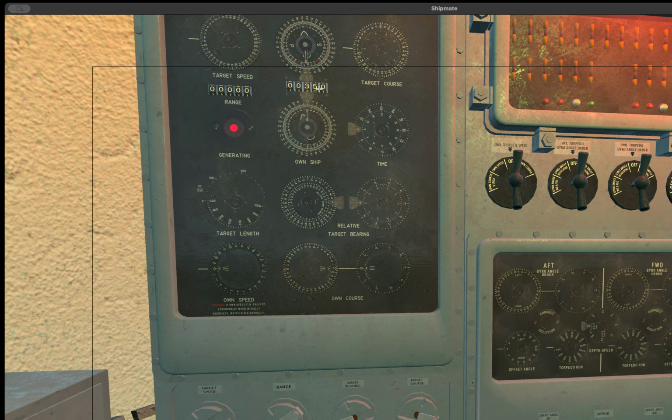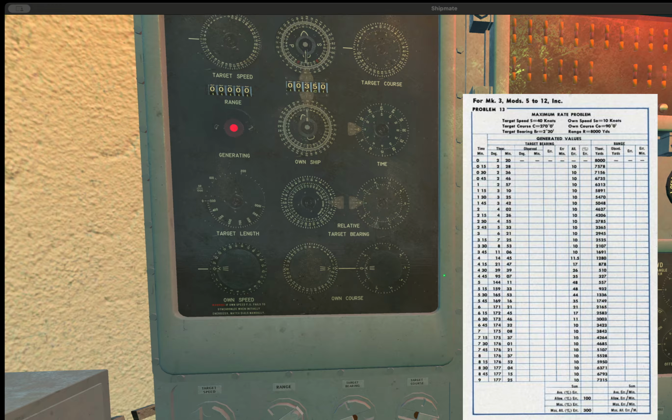As the position keeper is in testing mode, I'm not sure I'm right, but just for the presentation, I will choose some values. Actually, I tested the TDC with testing problems. I found 13 testing problems for the position keeper in the manual.